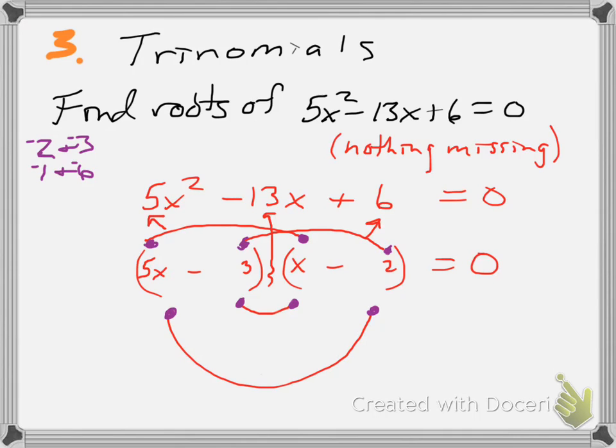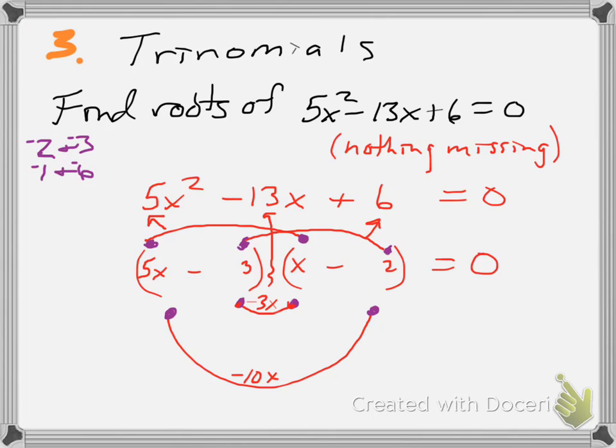Now, my nose, let me walk up here and show you. Negative 3 times x is negative 3x. And then my mouth, 5 times negative 2 is negative 10x. Do these two numbers add up to this?